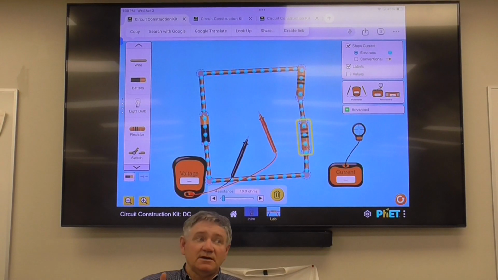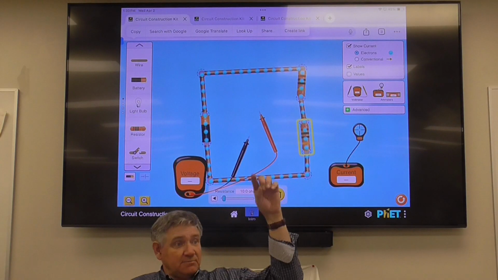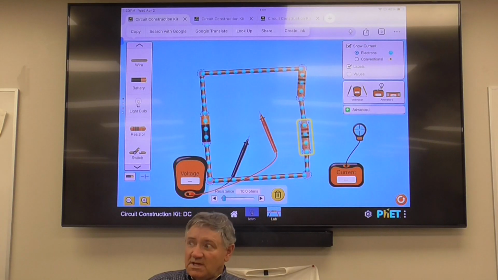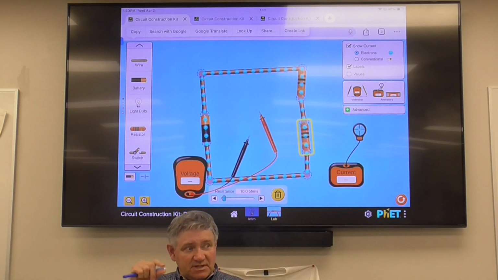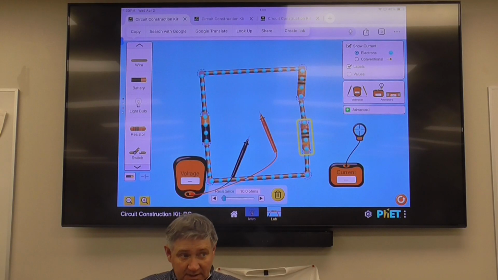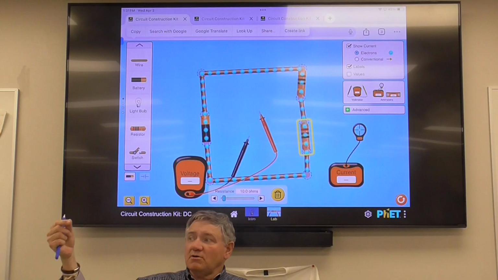Choice B: each one is still going to be 10, because I have the same current going through them and they're the same resistors. Or C: because I have two resistors in series, which says 20, the voltage drop should also be 20.